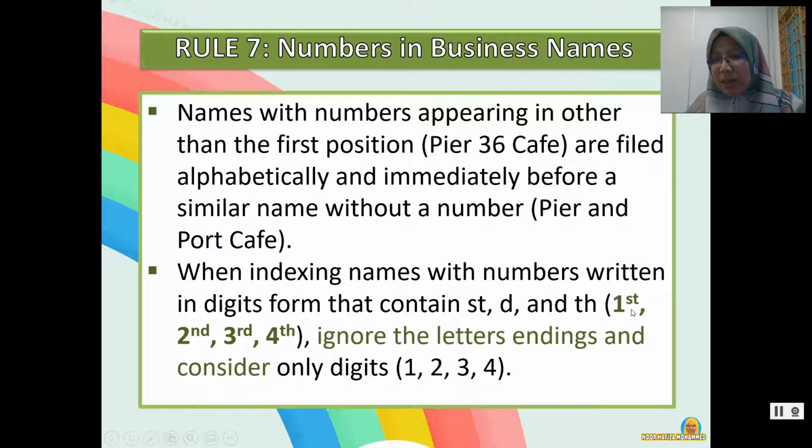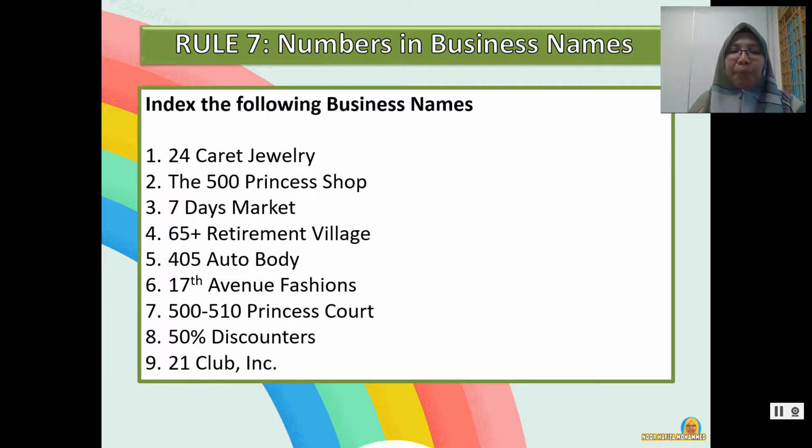For example, 1 first ST, second ND, third RD, and fourth TH. When you have this kind of example, just ignore the ST, ND, RD, and TH. Only the digits 1, 2, 3, 4 remain, without the ST, ND, RD, or TH. So this is another rule that applies to numbers in business names.